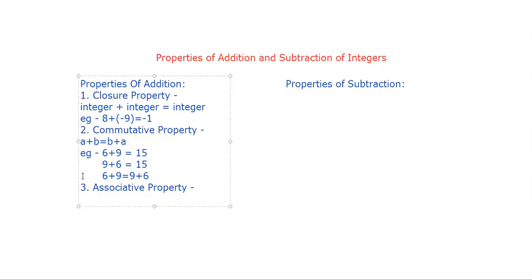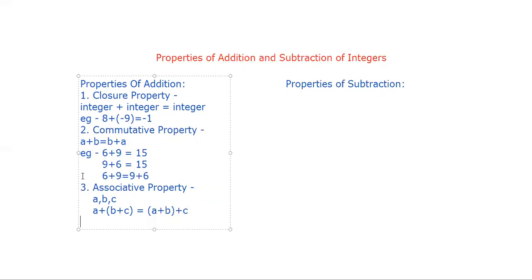If I have three integers, for example, a, b, and c, this is similar to the commutative property, but the commutative property talks about two integers, like a plus b is equal to b plus a. But here, a plus b plus c is the same as a plus b plus c, grouped differently.